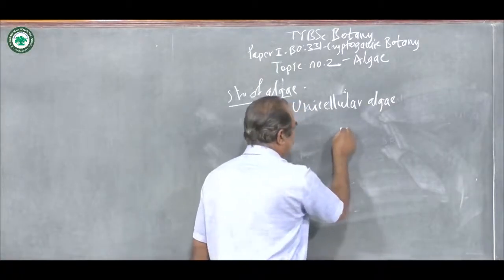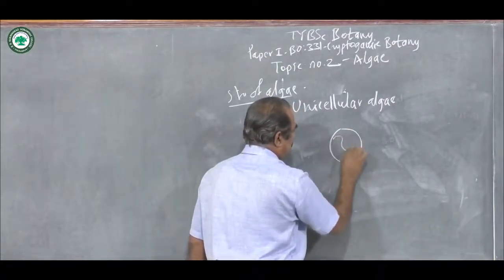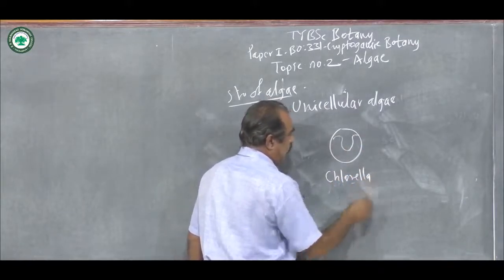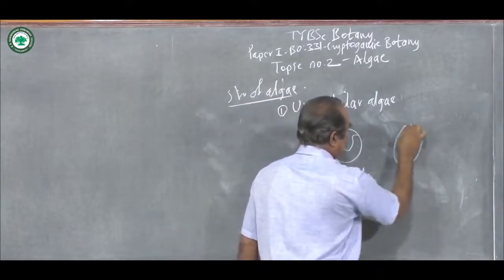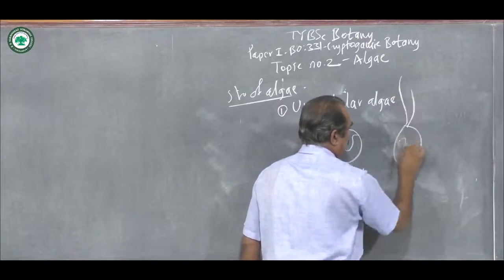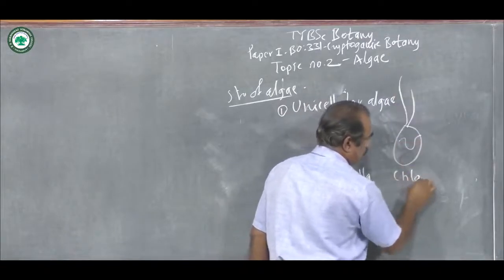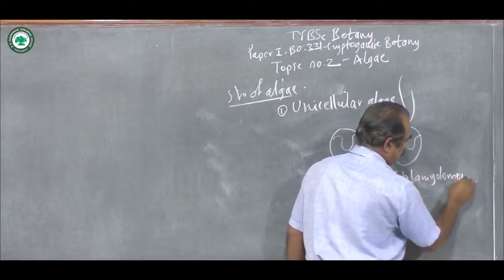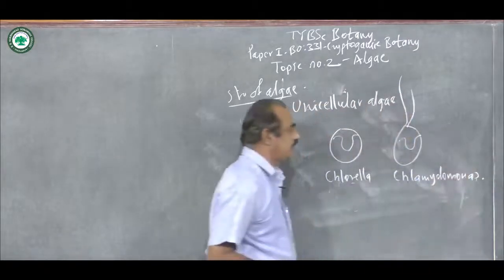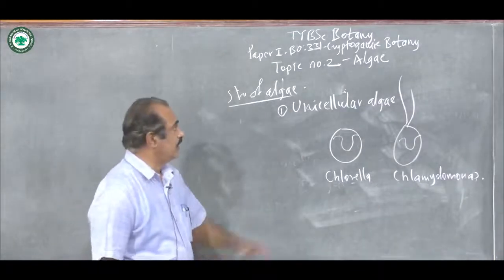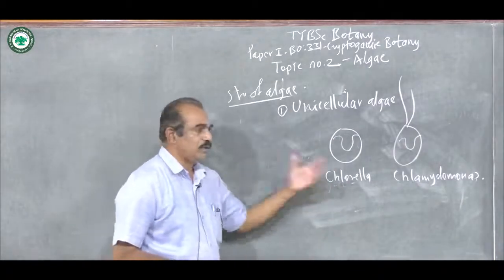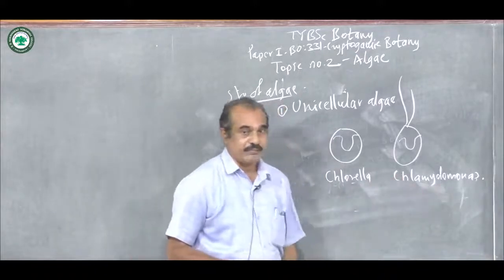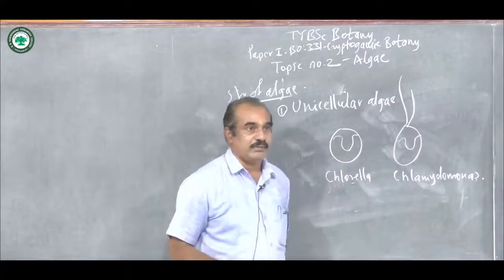For example, now these are the two different examples. They are unicellular algae. One is non-motile, that means it has no flagella, and another, that is Chlamydomonas, has a locomotor structure called the flagella.